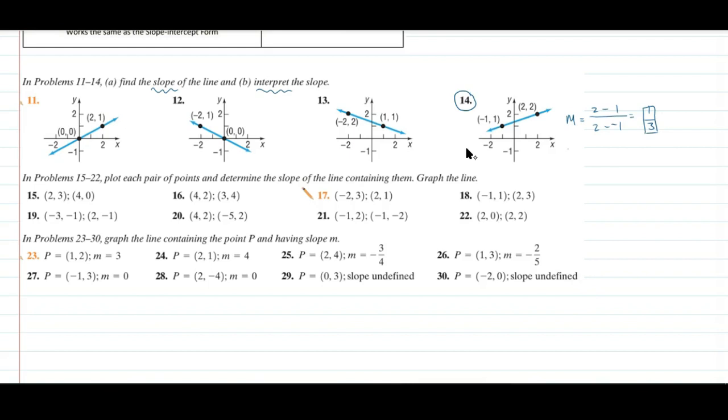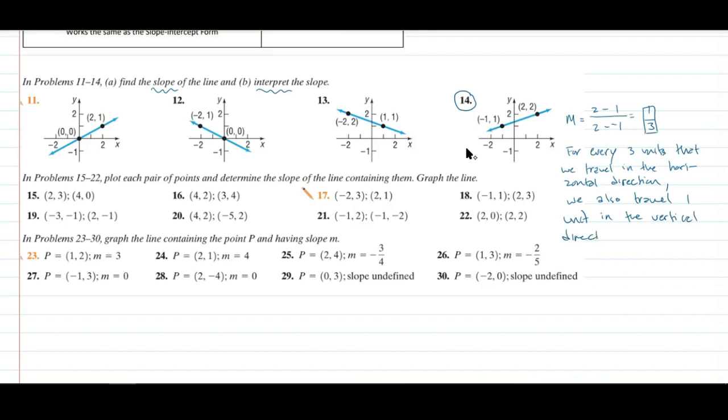So it means for every 3 units that we travel in the horizontal direction, we also travel 1 unit in the vertical direction.